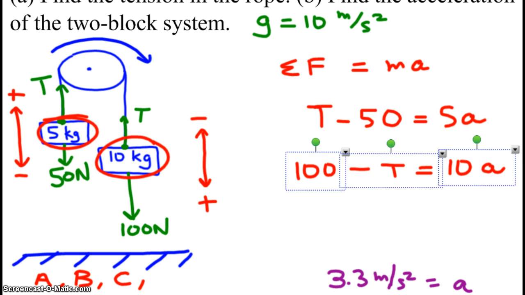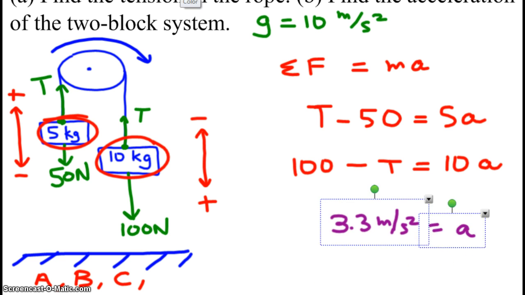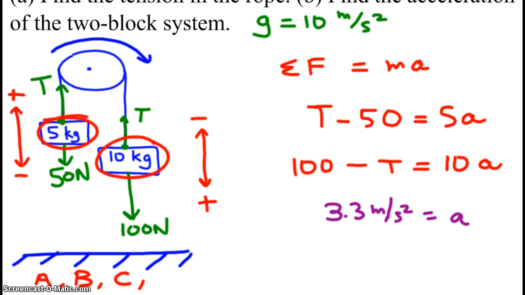Now that we've solved for the acceleration, finding tension is really easy. You just take one of these two equations, plug in this value of a, and solve for T. I'll take the top equation. So T minus 50 equals 5 times, in place of a, the unrounded answer that I got.